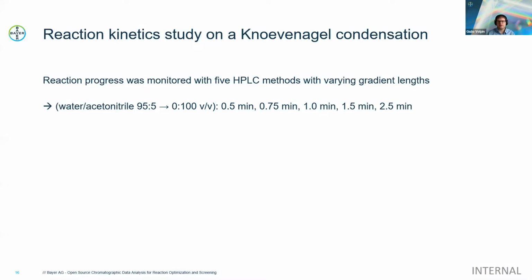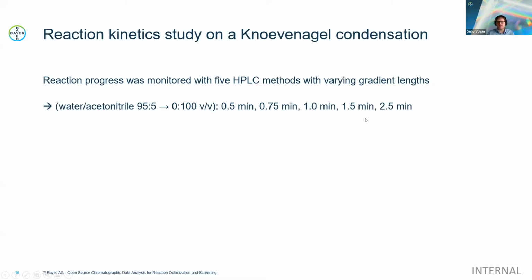So in doing this, we selected one standard column and created 5 HPLC methods in which we just varied the gradient length. So you have a standard HPLC method that goes either 2.5 minutes, 1.5 minutes, 1, 0.75, or 0.5 minutes. And of course, what this induces as the method gets shorter and shorter is more compression within the chromatogram, more peak overlap.